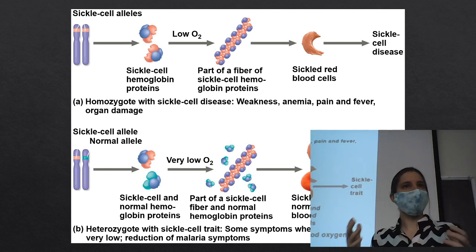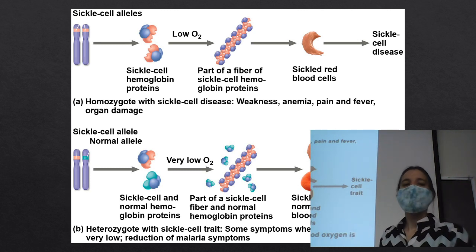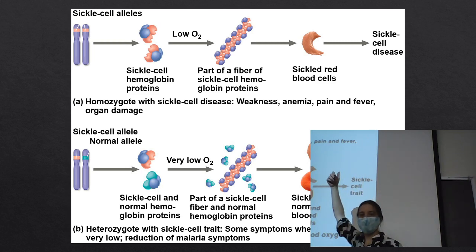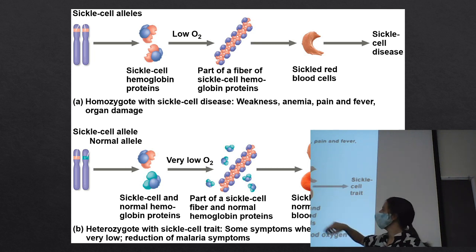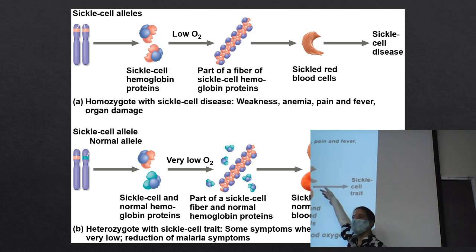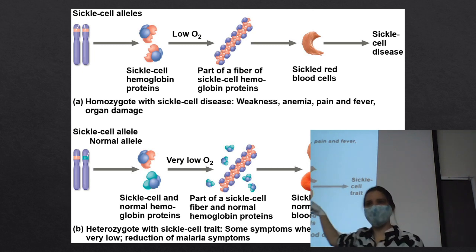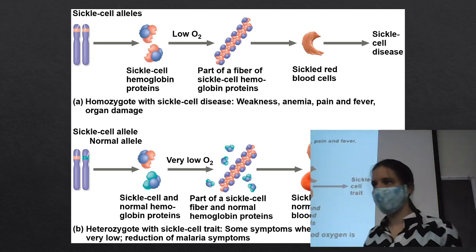It behaves a little bit funky. If you have one copy of that recessive sickle cell trait and one copy of the normal one, you don't have sickle cell anemia, but your blood does have both kinds going on, right?